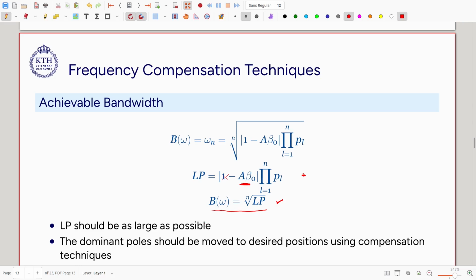That is one of the things that we should try to maximize, because that is what is going to move the poles to higher frequencies. And the second is that these poles have to be moved somehow to the Butterworth positions in order to get the maximal bandwidth. And we will have to do that using compensation techniques.